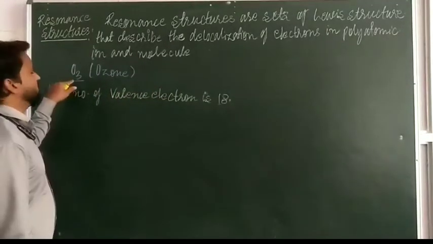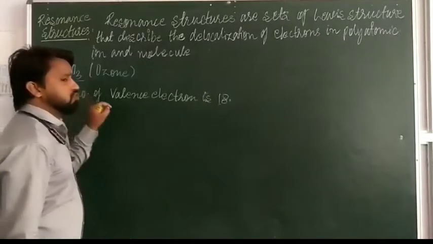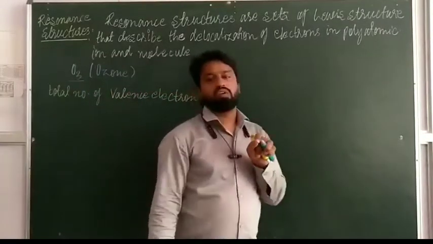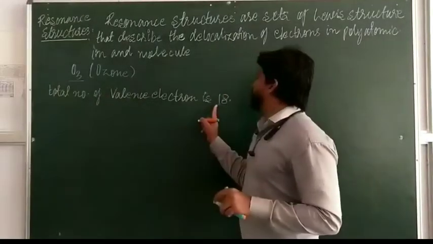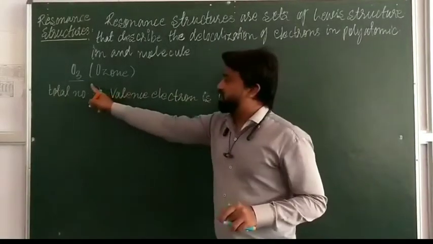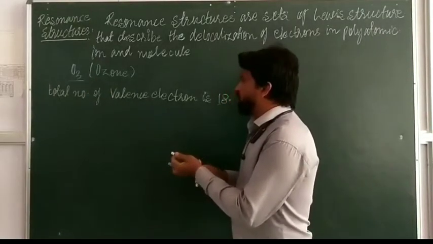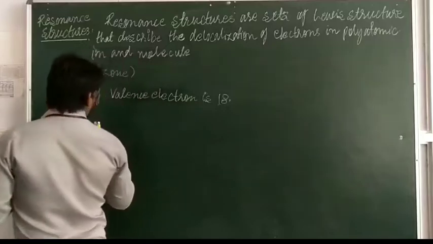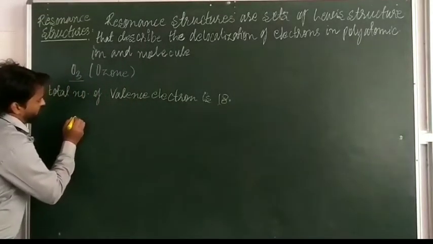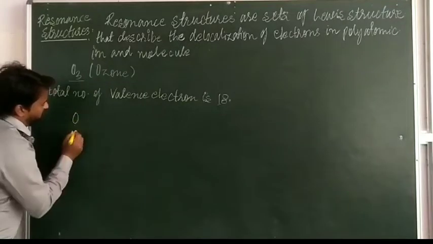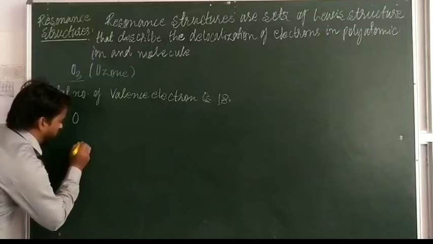In the ozone molecule there are 3 oxygen atoms, and each oxygen atom has 6 valence electrons. So we have to draw a total of 18 electrons to draw the structure of the ozone molecule. Let's have a look at how we can make the Lewis-Dot structure for the ozone molecule.